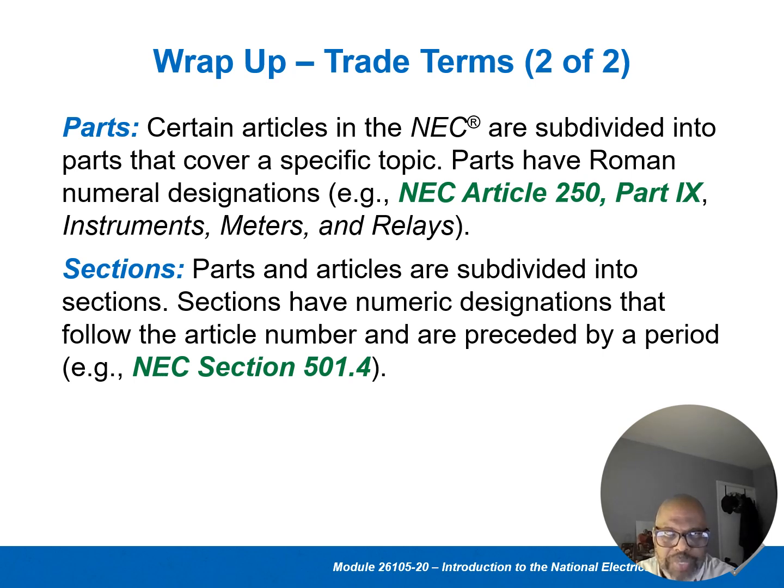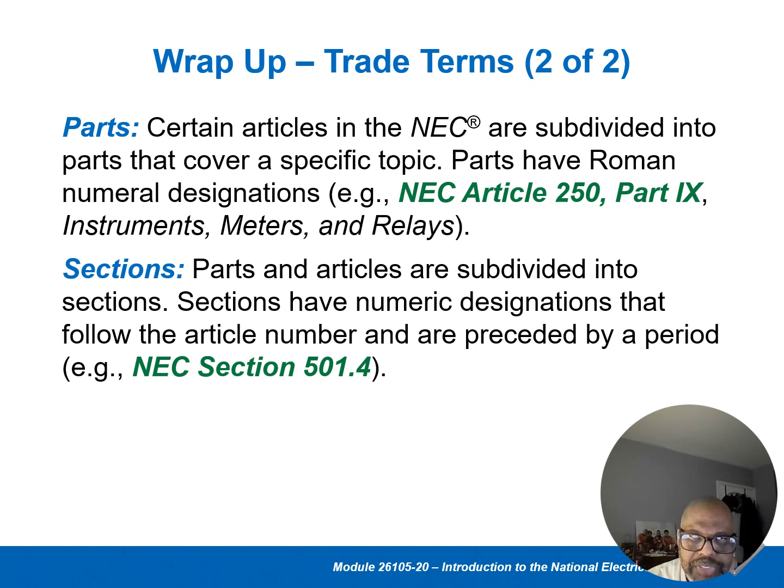Instruments, meters, and relays. Sections: when they break into sections, they usually put a dot there, to divide it into a smaller section. So they change the number to the main number. So parts and articles are subdivided into sections. Sections have a numeric designation that follows the article number and are preceded by a period.